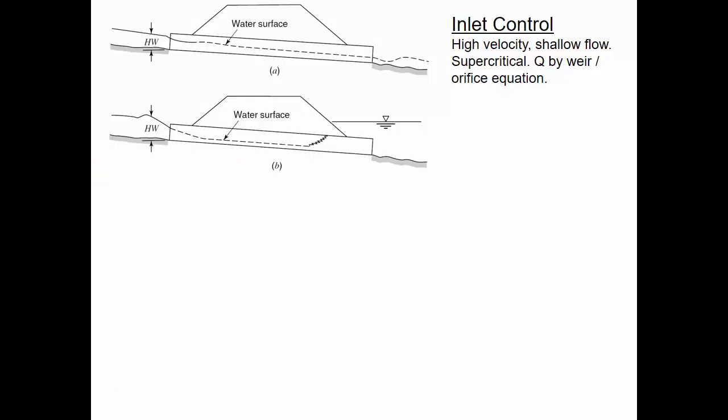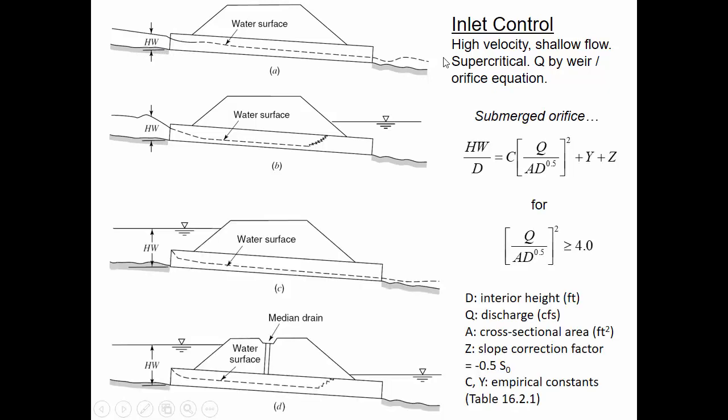All right, so how much water can make it through the culvert is partly dependent on the inlet conditions. And the inlet conditions are meaning like what is the channel upstream and what's the depth of the headwater compared to the diameter of the pipe. And so inlet control is usually occurring when you have supercritical conditions.